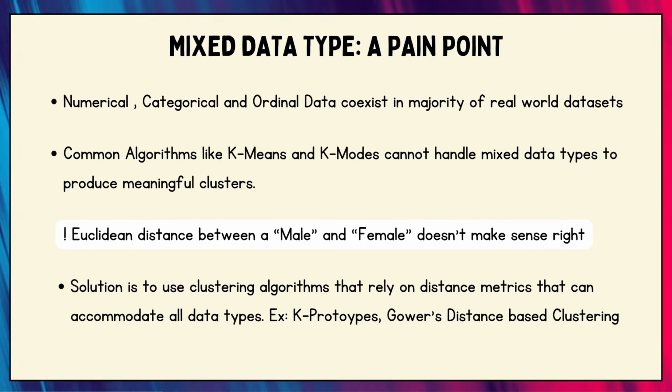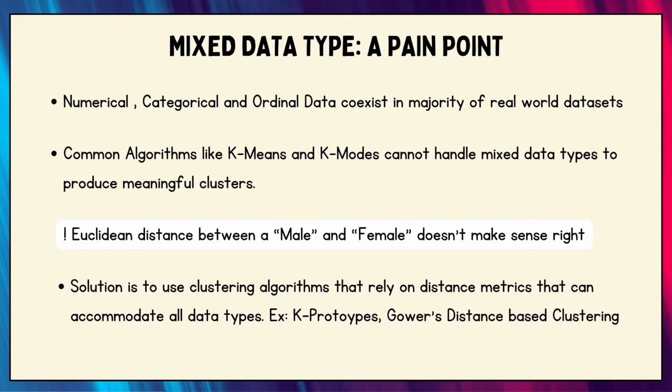And common algorithms like k-means and k-modes cannot handle mixed data types because of the distance metric that they use. So k-means uses Euclidean distance, which is a distance between 2 points in a Cartesian space. So it's pretty obvious and pretty intuitive that distance between two categorical values like male and female does not make any sense when we use Euclidean distance, right?